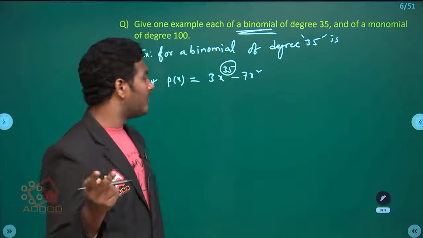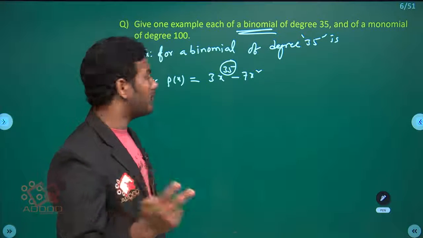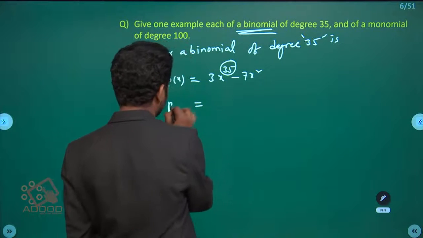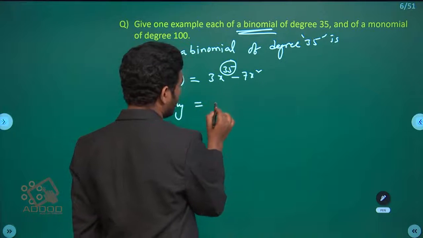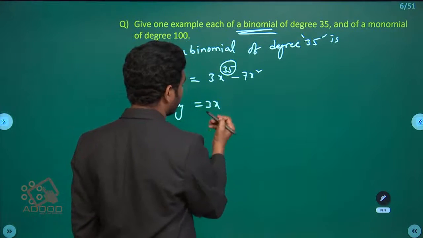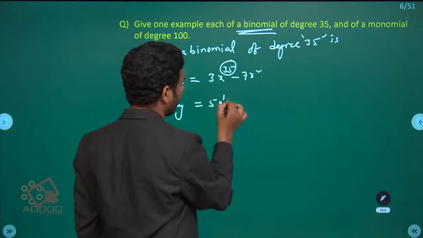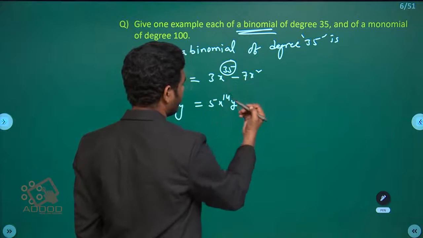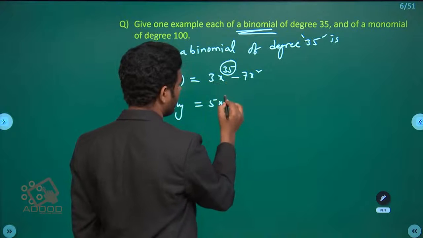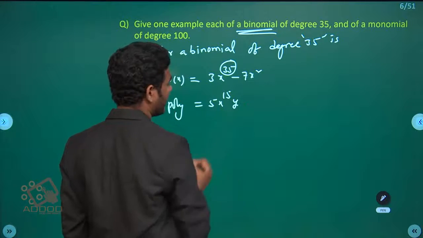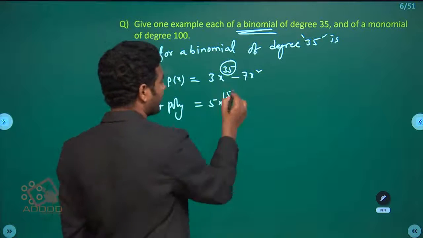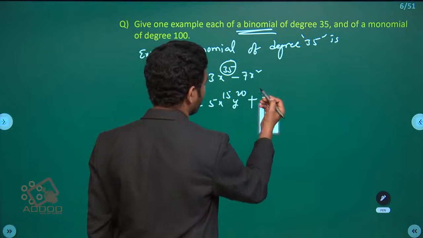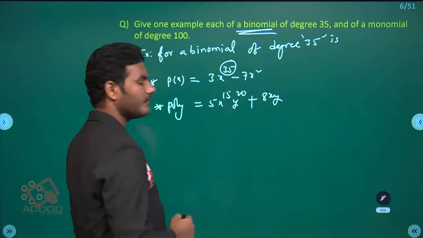Whenever you are taking two variables, for example, one more example we can write here. A polynomial, for example, 5x power 15, y power 20 plus 8xy, whatever you can write like this.